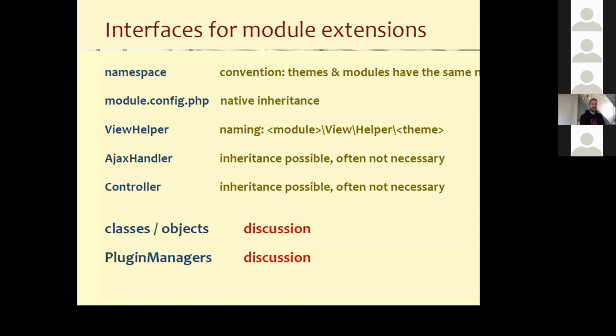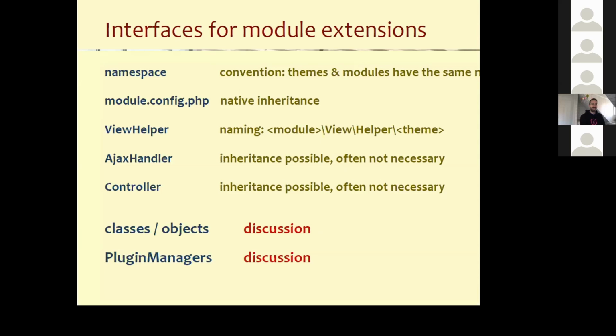With dealing with the view helpers, we have a naming convention as well, so that the directory where the view helper objects are located has the same name as the theme they are related to. And regarding Ajax handlers and controllers, we are more or less avoiding dependencies and inheritance.